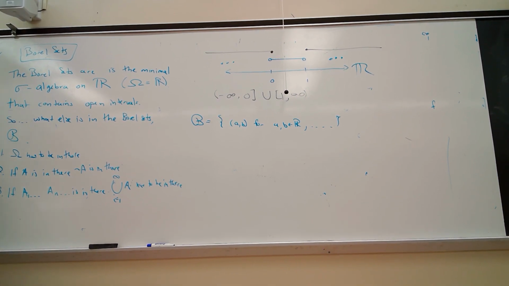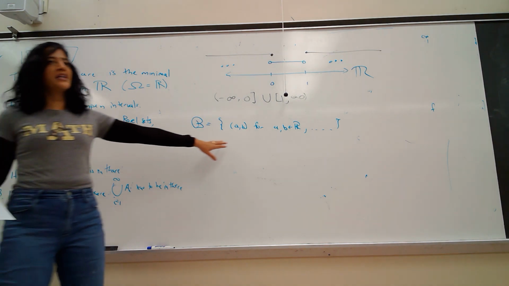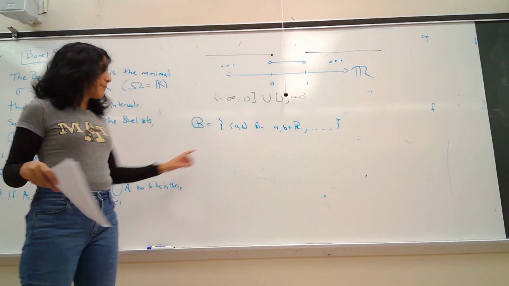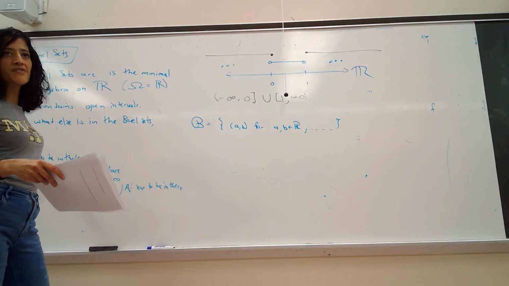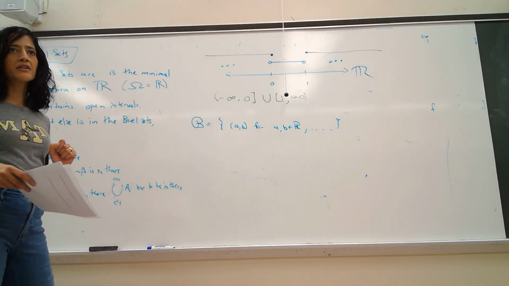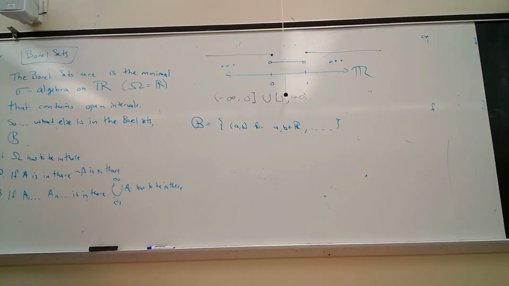Like you already are given that this satisfies a sigma algebra because this is the seed. You're going to put in open intervals in here, and then you're going to see if other things are in here. That property already gives you R is in there. R has to be in there. So I can manually put it in there. That's the first question I ask you. But you can also generate it with open intervals if you want to.